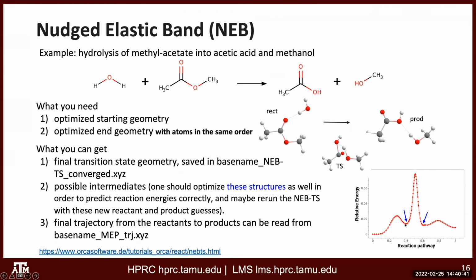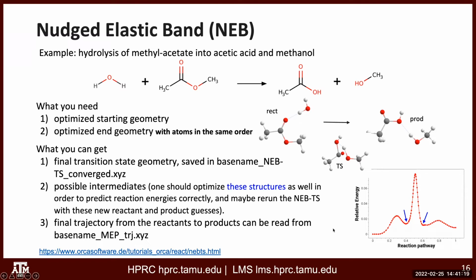These are the intermediates that you need to extract the geometry of and redo the optimization. Because when you try to calculate the Gibbs free energy barrier, the energy difference between the transition state and the intermediate it connects to is the real Gibbs free energy barrier for the reaction from this intermediate to that intermediate.